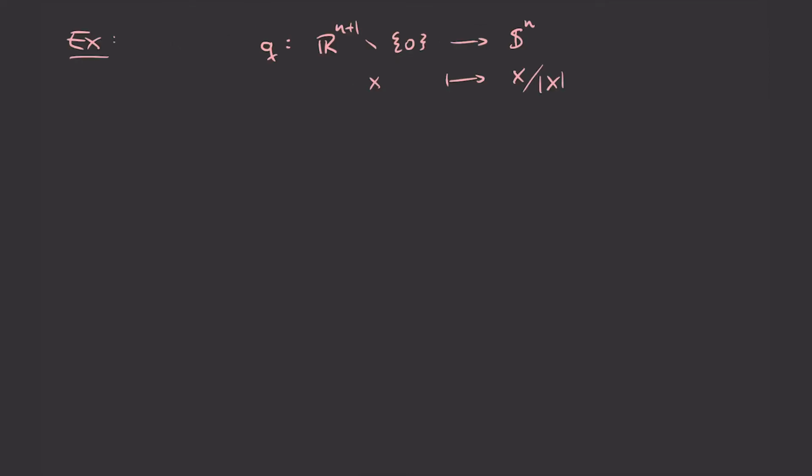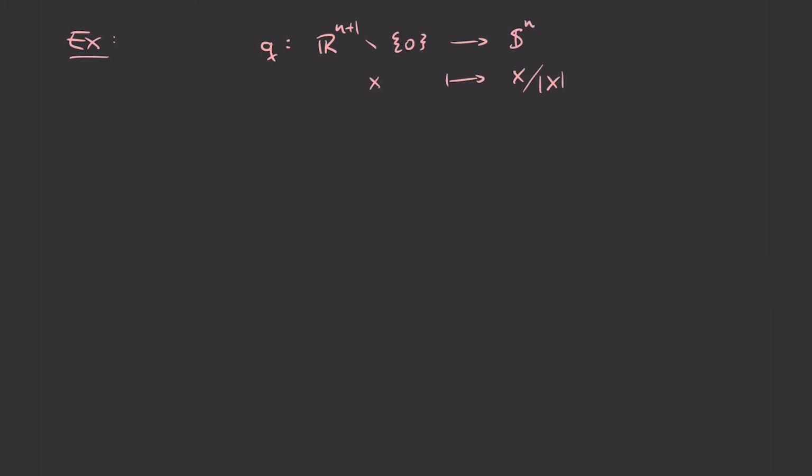To fix some of these ideas I've just presented, let's look at some examples. So the first example we'll be considering is a map Q from R^(n+1) without the origin to S^n, given by mapping x to x divided by its absolute value.